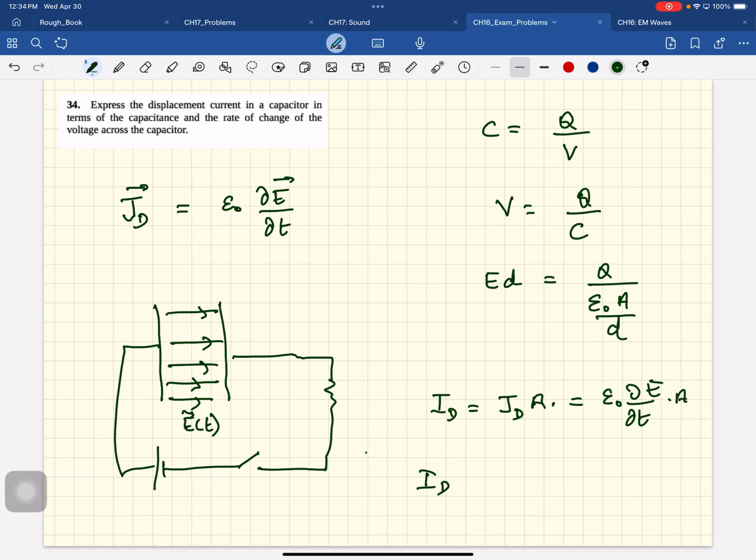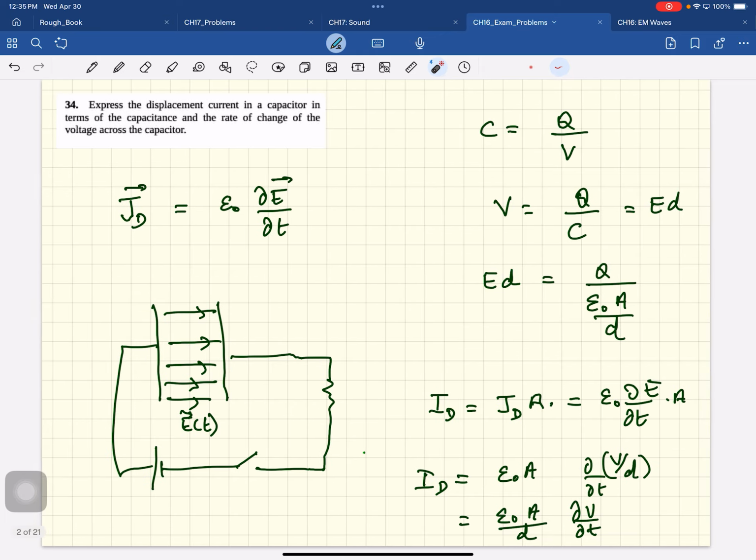So displacement current is epsilon naught A, and actually voltage is E times D. Okay, so from this equation, E is voltage divided by D. So del by del T of voltage divided by D. And this fellow right here is the capacitance.